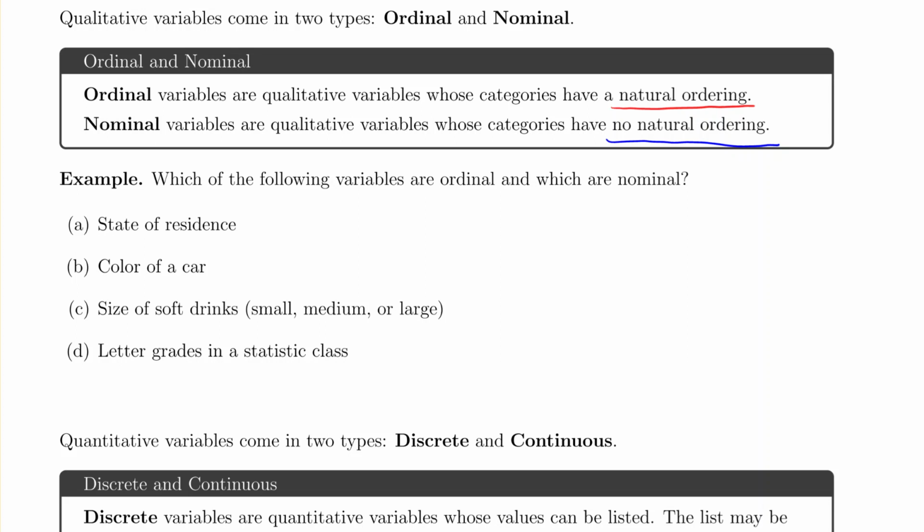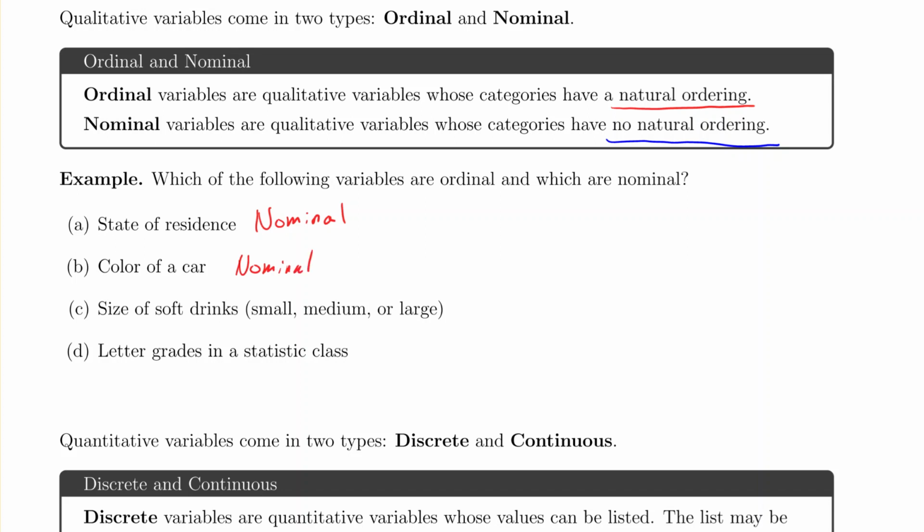State of residence. So Florida, Texas, Arkansas, New York, whatever the state is, there's no natural order, so it's nominal. Color of a car, whatever the color is, red, black, blue, white, silver, there's no natural ordering. Therefore, it's nominal.